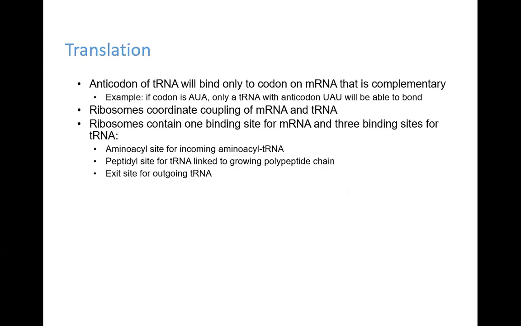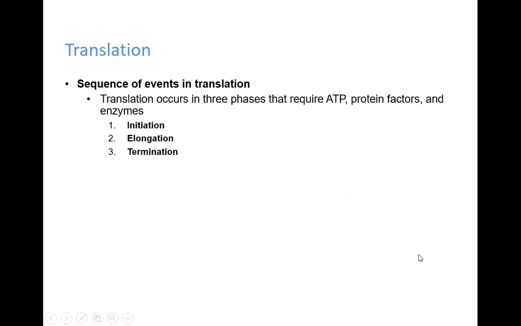It's a pretty elegant little process. There are 3 steps to translation, just like there were 3 steps in transcription: initiation, elongation, where you build the protein, and termination, with a stop code. And just like in transcription, you have a start code and a stop code.